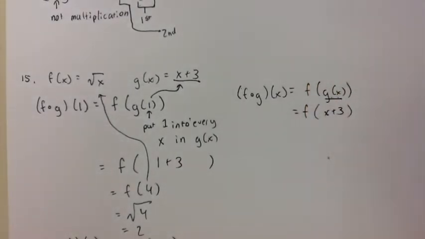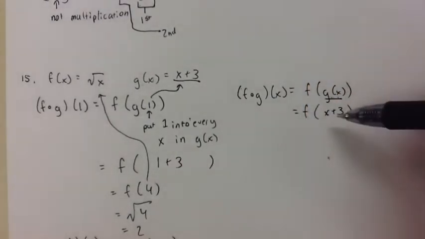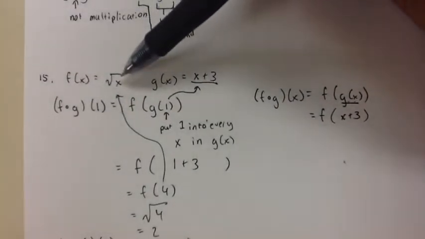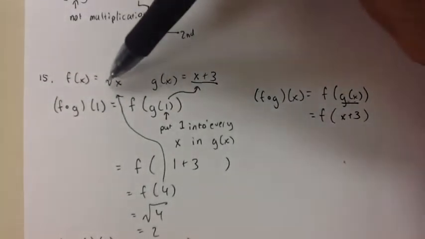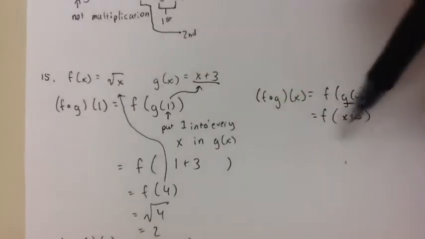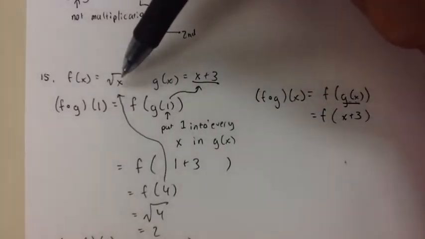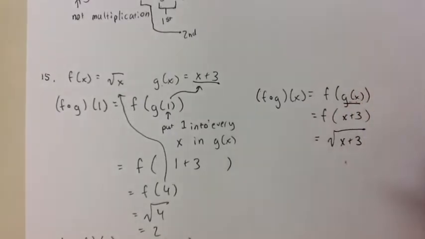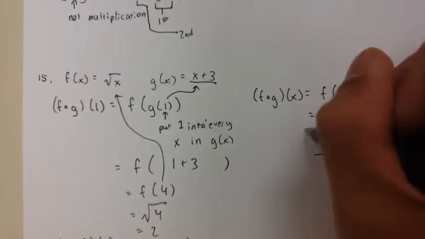And now I have f of x plus 3. Just like before, I'm putting x plus 3 in for every time I see an x in f of x. So if I have the square root of x and I replace this for every x, that means the square root of x plus 3. And that is my answer.